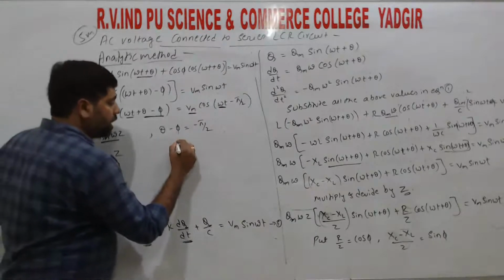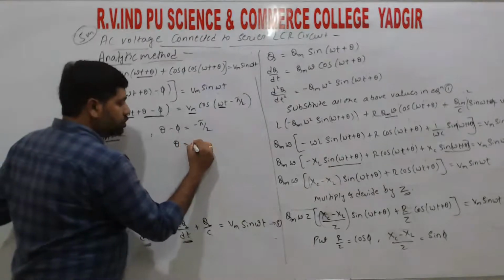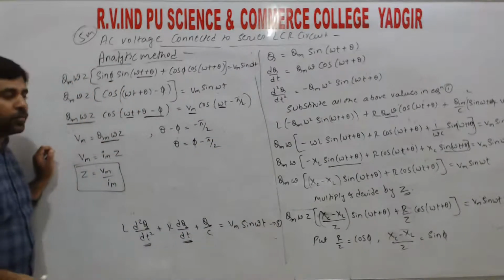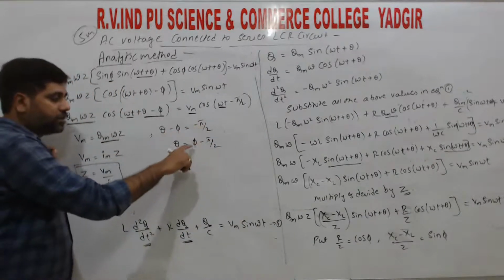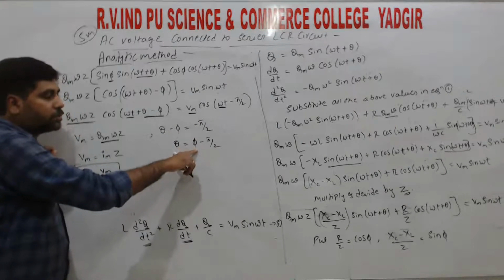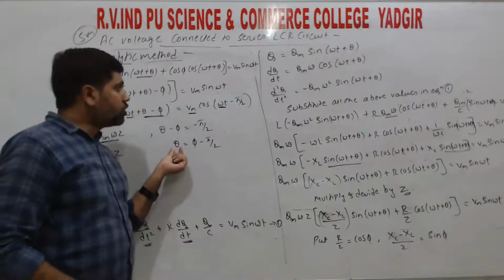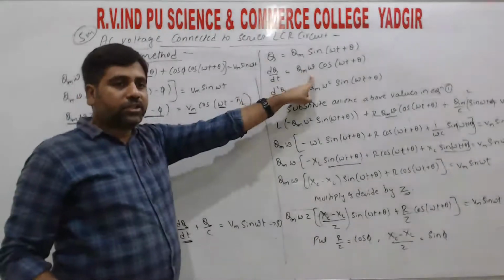So from this, theta is equal to phi minus pi by 2, right? So if we shift phi to the right side, minus phi becomes plus phi, so theta is equal to phi minus pi by 2. So substitute the theta in this relation, right?